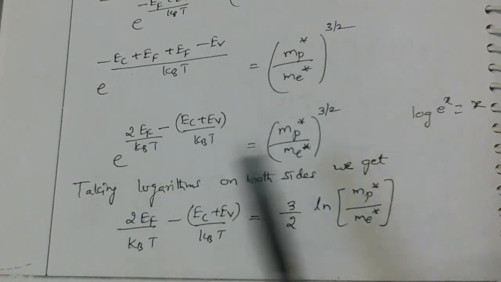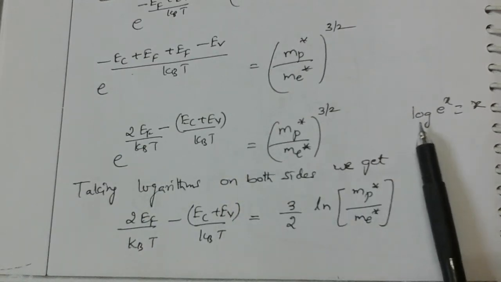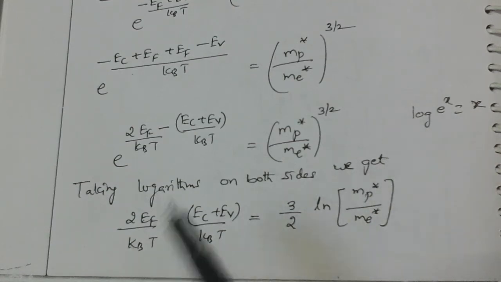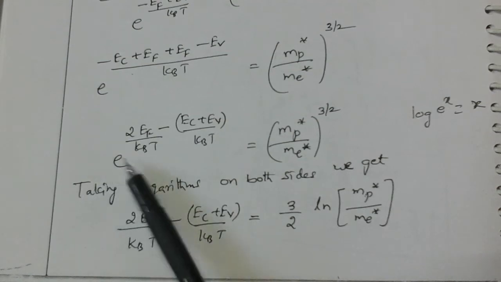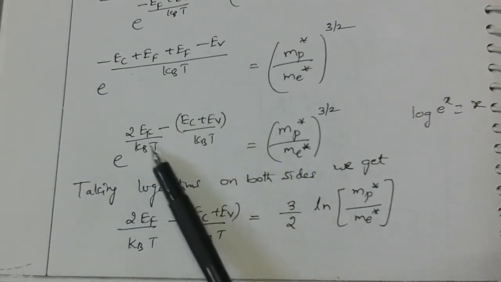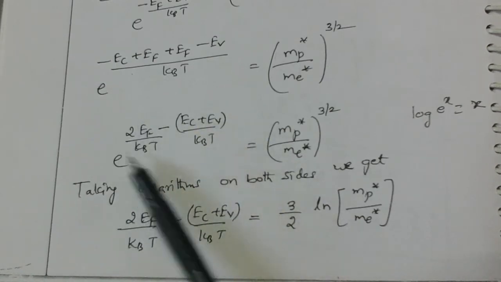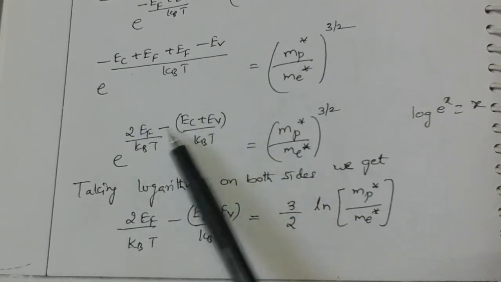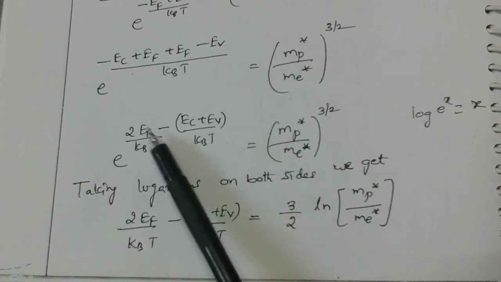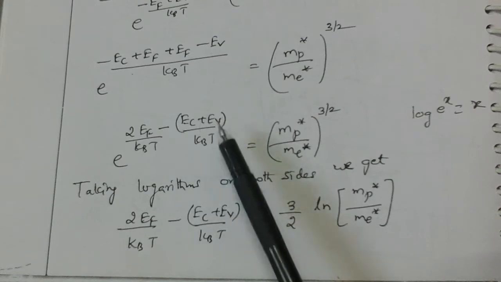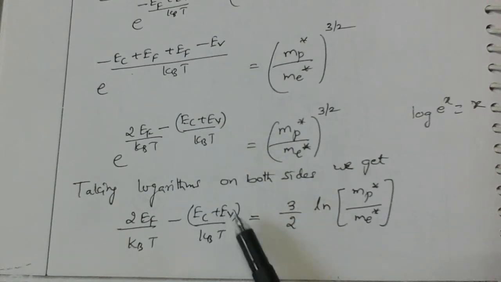We are taking logarithm on both sides. According to the formula log e to the power of x is equal to x, this total value is taken as x. So log e to the power of x becomes x only. So 2EF by kBT minus (EC plus EV) by kBT, this is totally x.